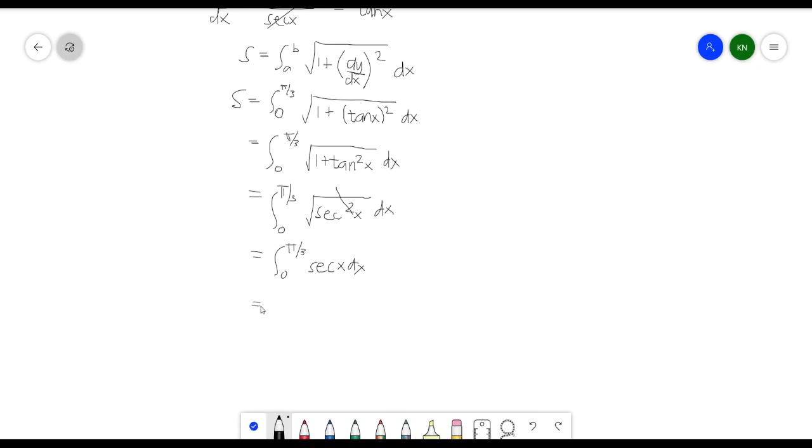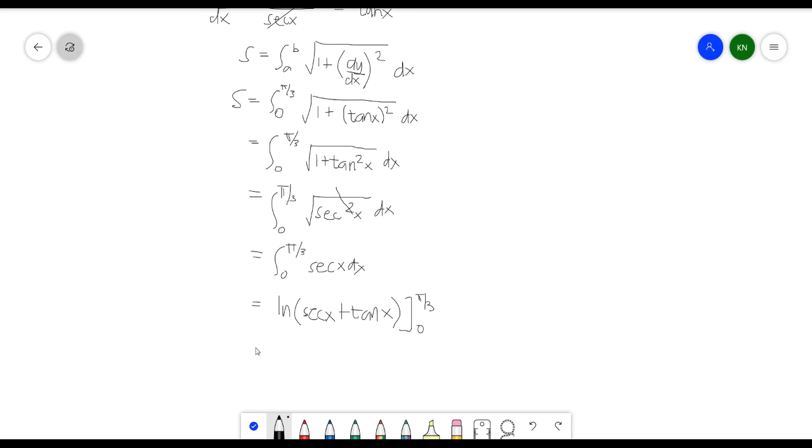As we know, the integral of secant is equivalent to ln of secant x plus tan x, and then we have our limits from 0 to pi over 3.